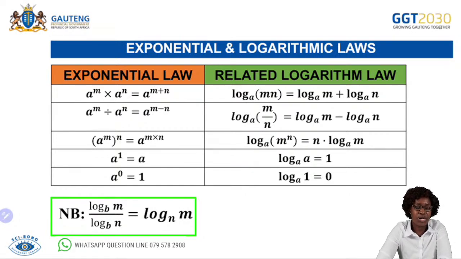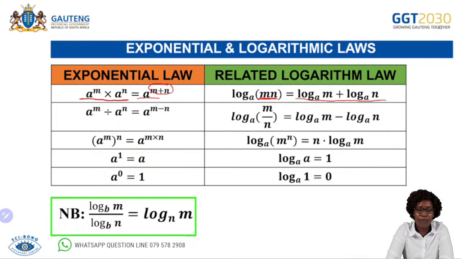Now, the first exponential law, which we dealt with in the previous lesson, says that if you are multiplying terms with the same base, to simplify our calculation, we just write this as the same base, but we add the exponents. Now, when it comes to logarithms, the opposite applies. If I have the log of the product, I am going to simplify this or expand this to the log of m to base a.